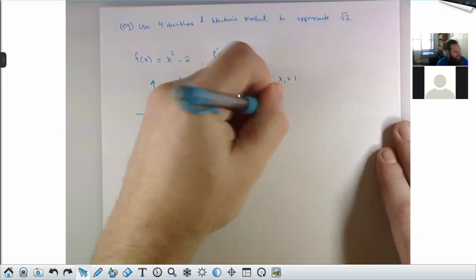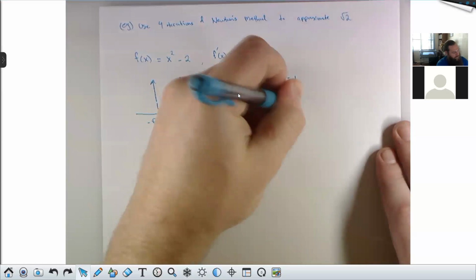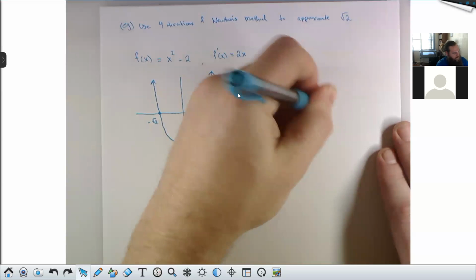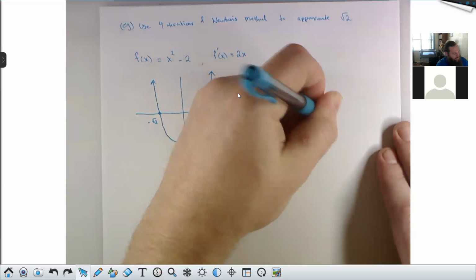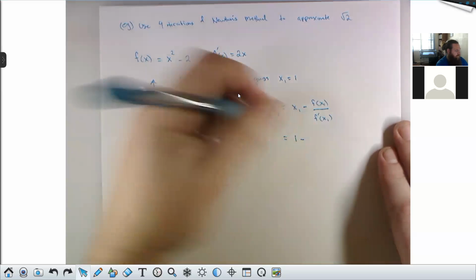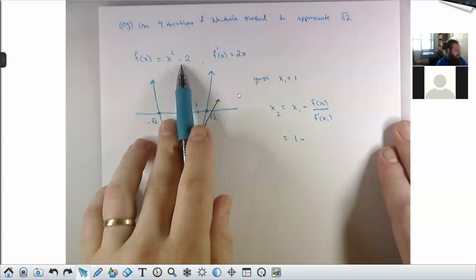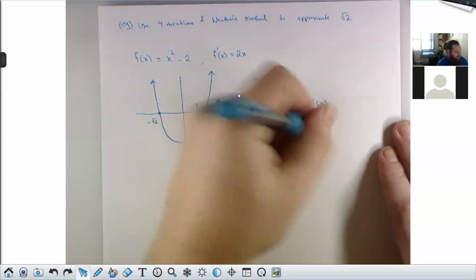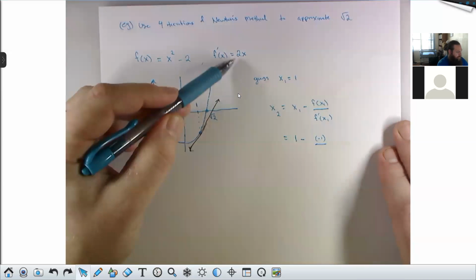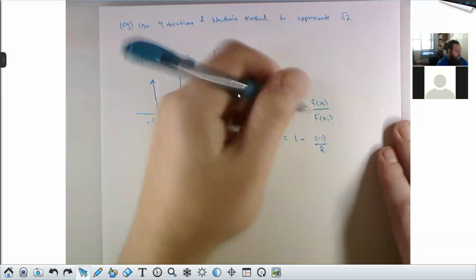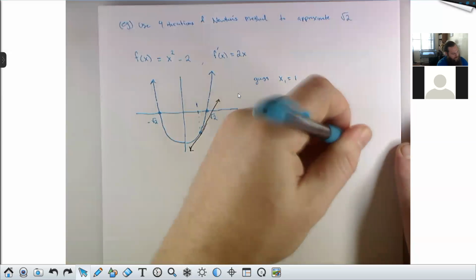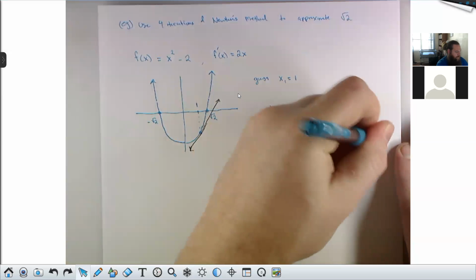So according to my formula, x2 should be x1 minus f of x1 over f primed of x1, which is 1 minus, what is f of 1? That's 1 squared minus 2, which is negative 1, divided by f primed of 1, which is 2. So this is 1 plus 1/2, which is 3/2, or 1.5.